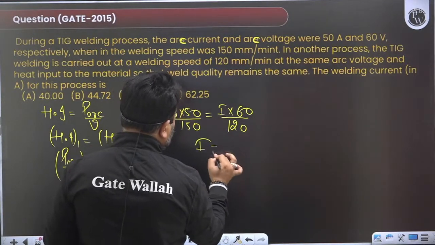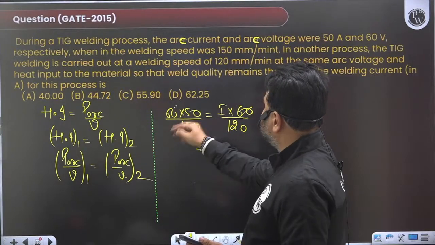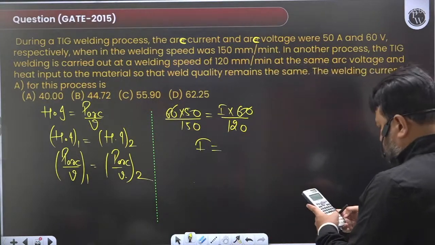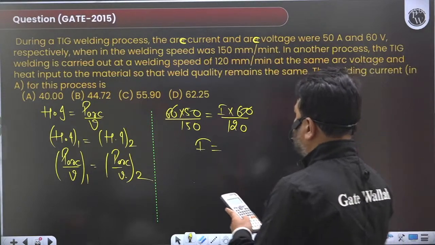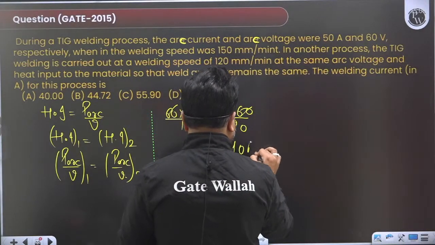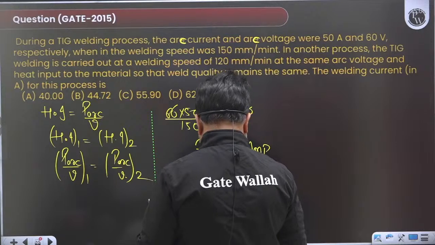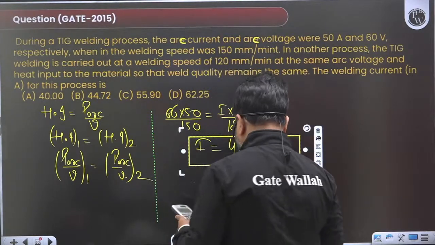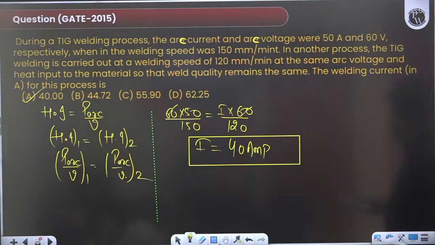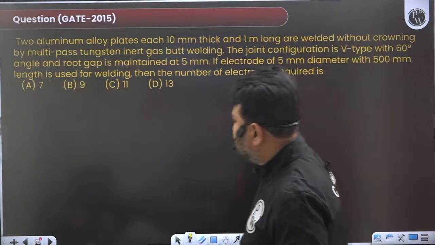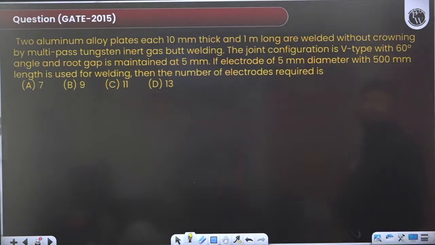So here the arc current is, this cancels, 50 into 120 divided by 150, which is 40 ampere. So here the answer is 40 ampere.